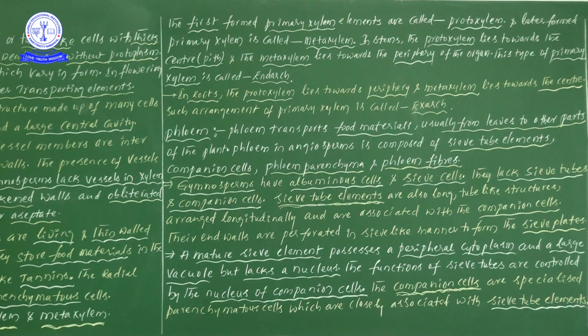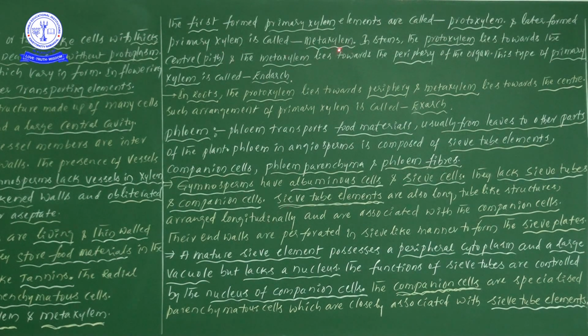First one is proto, second one is meta. In our subject, if any structure is formed first, we take it as pro, like in mobiles, where pro means the first model. So the first formed primary xylem elements are protoxylem, and the later formed primary xylem is metaxylem.